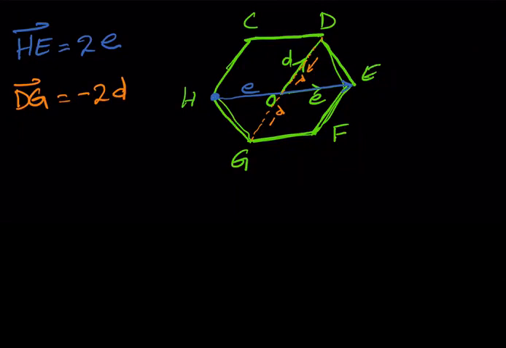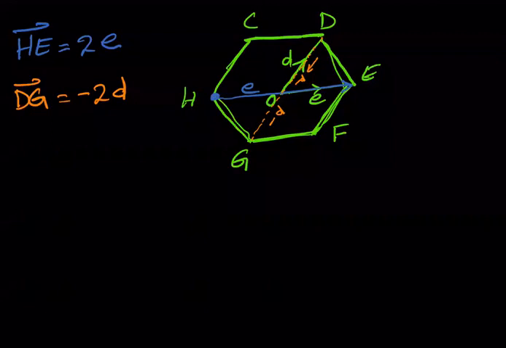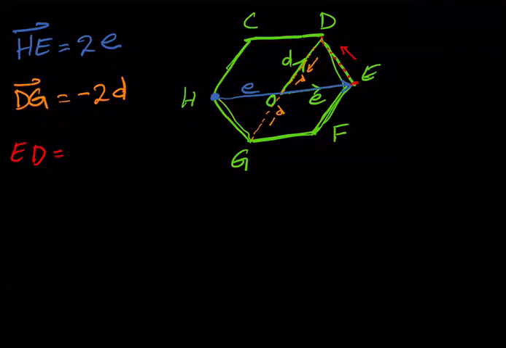Next one is ED. Sorry, it's ED. ED is going this way, from E to D. We don't know the length of the one I just marked, so we have to take another route.